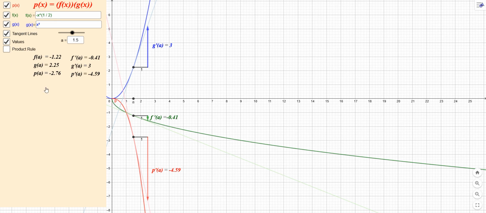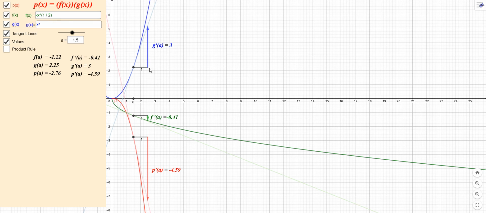So here are the actual values that we're talking about. Here's the value of the points on the curve. So this is 1.5 comma negative 1.22 is that point. 1.5 comma 2.25 is that point. And 1.5 comma negative 2.76 is that point. Some of these may be rounded off.